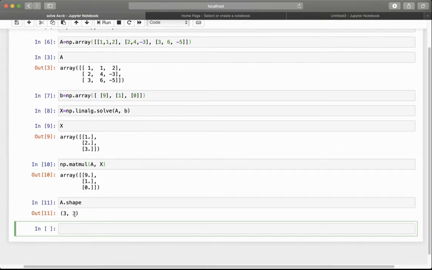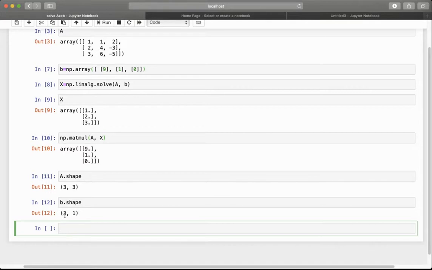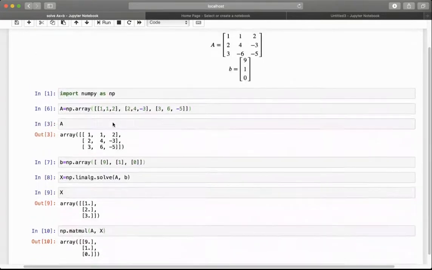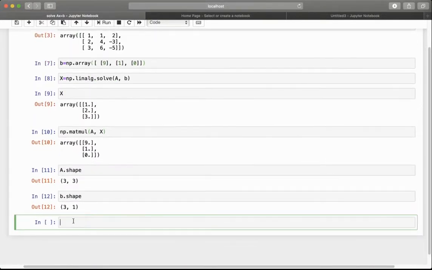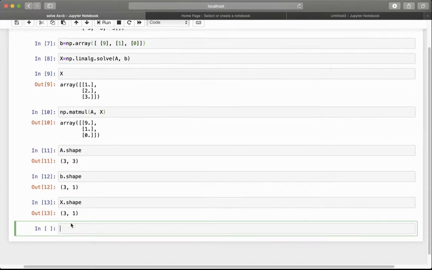The number of rows is always first, the number of columns is second. Let's try B dot shape. Shift Enter. B is a 3 by 1: 3 rows, 1 column, that's what we had here. And then finally X dot shape. Shift Enter, and that's also a 3 by 1 matrix.